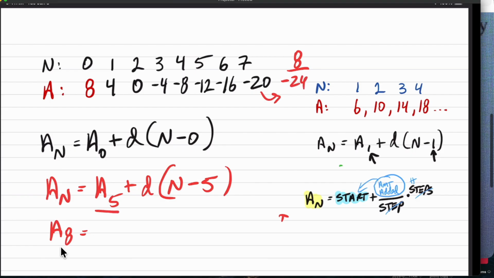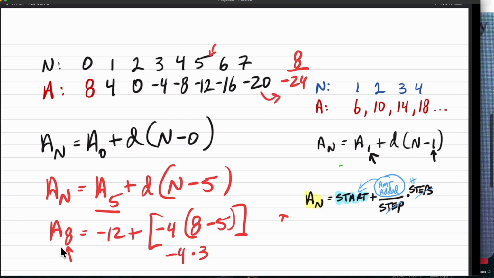Okay, so the amount at a sub 5 here is negative 12 plus our common difference is negative 4. Our end value where we're going is 8. Our starting value is 5. So this is negative 4 times 3, otherwise known as negative 12.